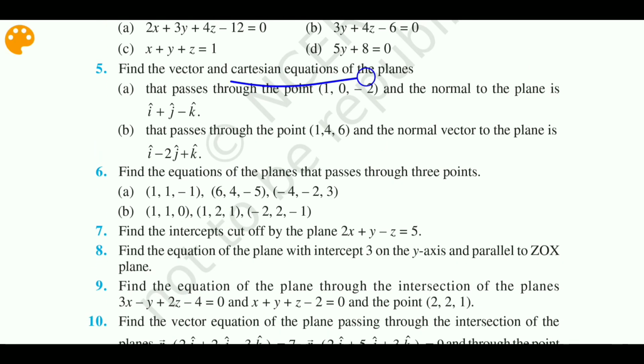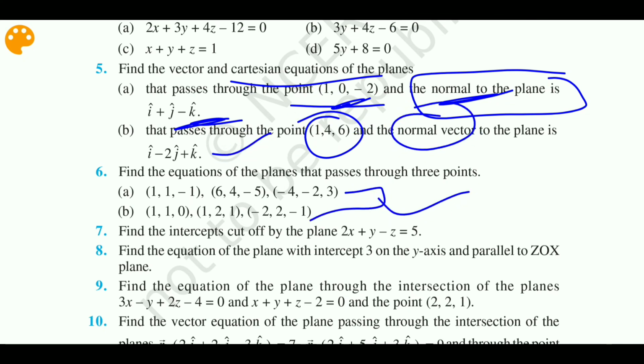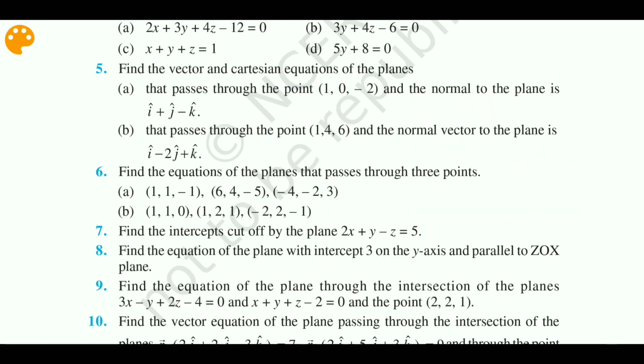You have to find a vector equation passing through a point and normal to the plane. This is the direction ratio, this is the plane, this is the point. It is a very simple question. Next, a point and normal vector are given, you will do it. For passing through 3 points, you will get the equations in A, B, C, two equations, and solve them.